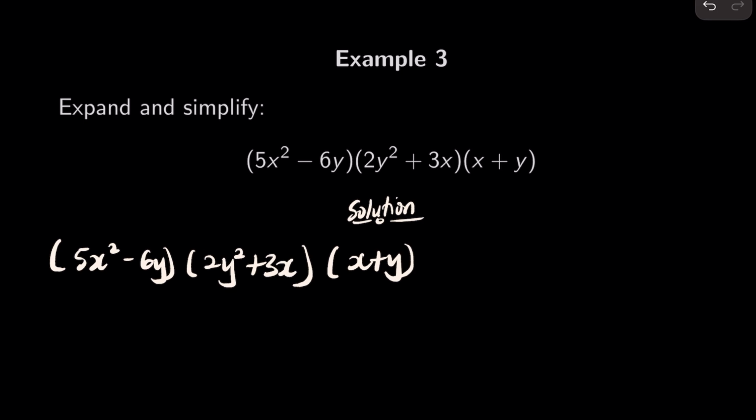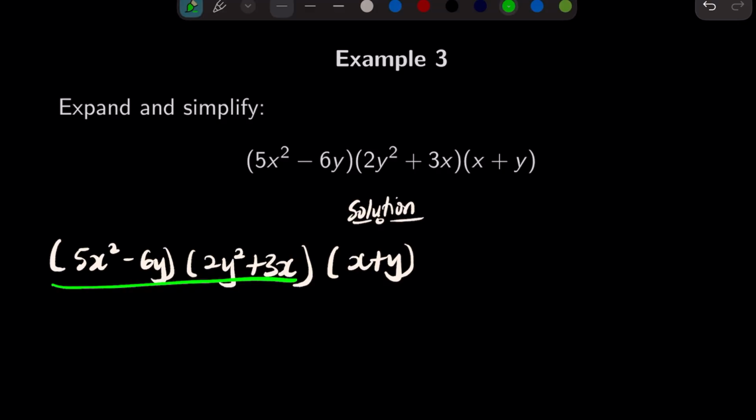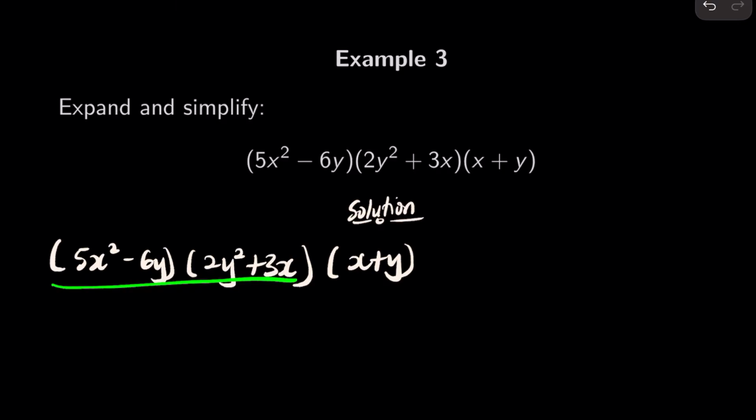So to make our work easier for us, let's first take these two expressions, then we find its product, right? So here we are going to compute the product of 5x squared minus 6y, then 2y squared plus 3x, right? Now, after we have this result, then we're going to multiply it with x plus y, right? So now let's compute this product.